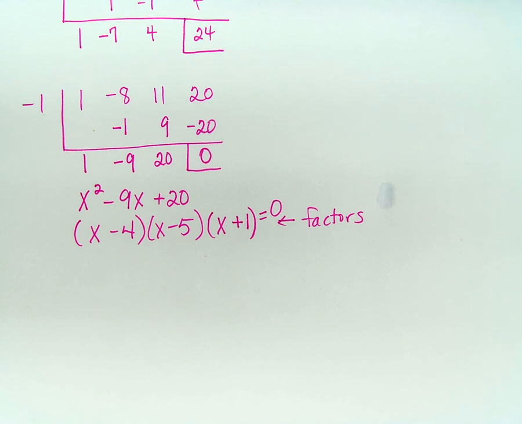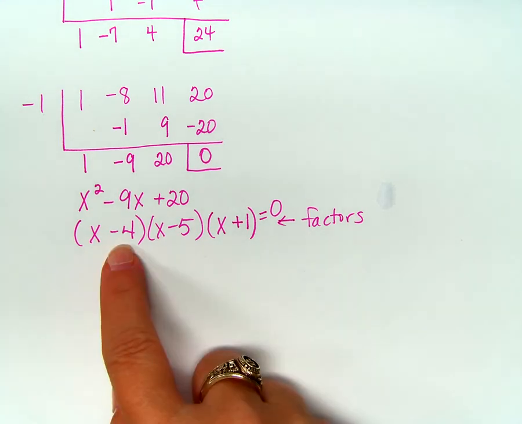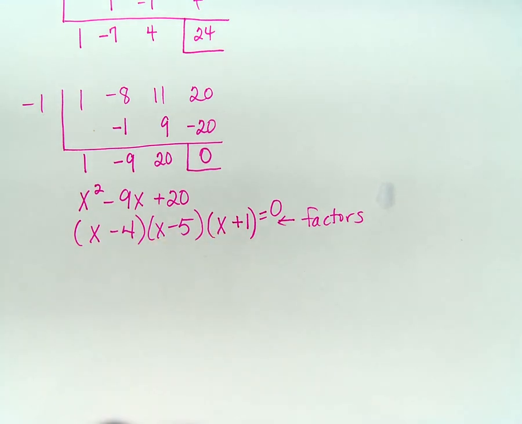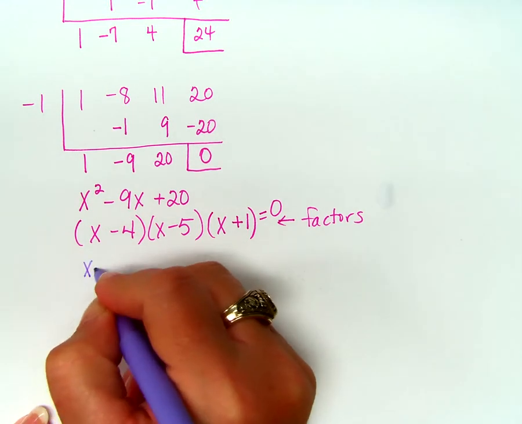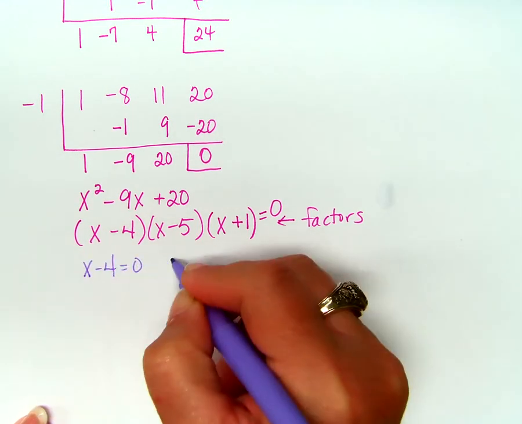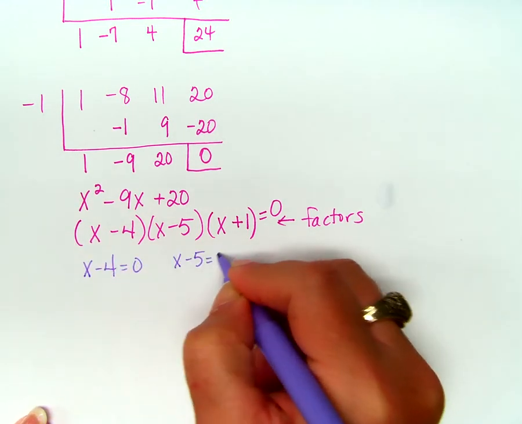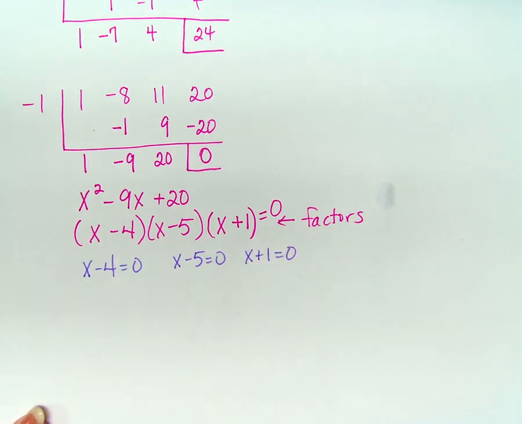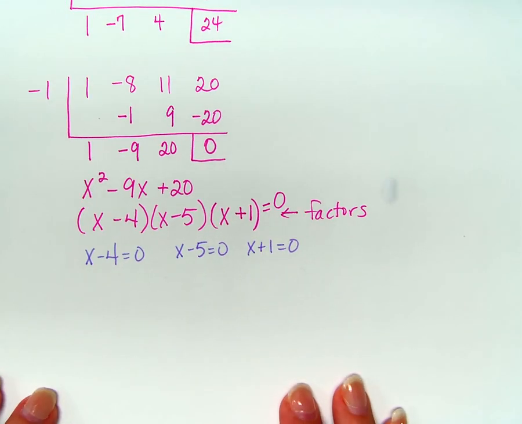Which one? I don't know either. So we have to know that at some point all 3 of them could be 0, right? So what I do is I take each one of my factors and set it equal to 0. Now, do I need to do all the steps for you, or are we past that?